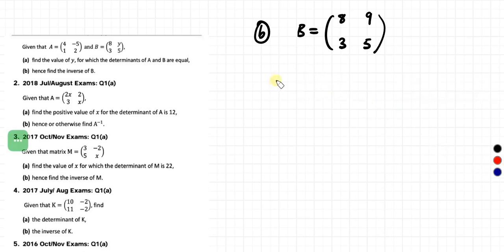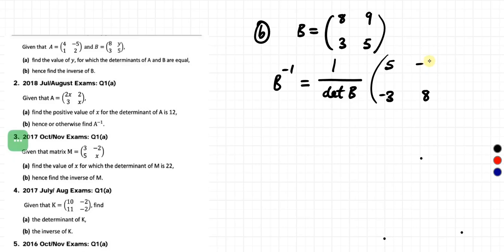B inverse is going to be equal to 1 over the determinant of matrix B, times, you swap these, you put 5 here, then you put 8 here, then you multiply by a negative here and negative here, so it will be negative 3 here and then negative 9 there. That's the formula.